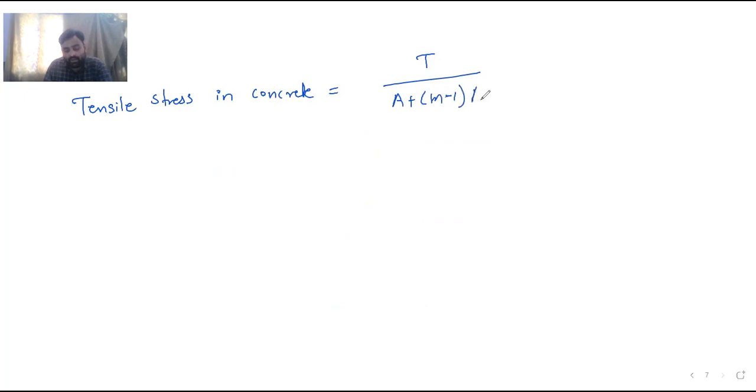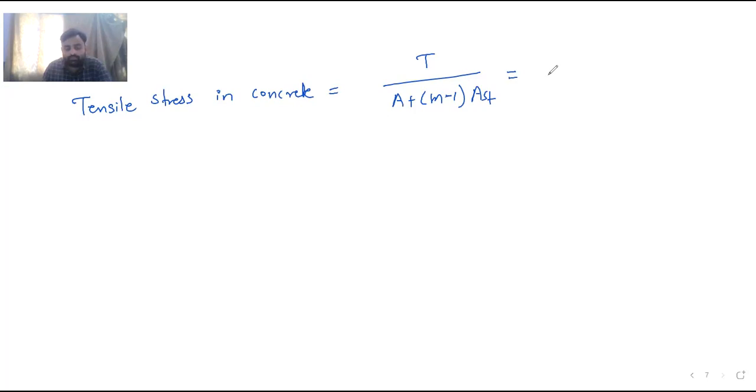So the next thing is tensile stress in concrete. So tensile stress in concrete is T divided by A plus (m minus 1) into AST. This is the formula, so you have to remember this formula.